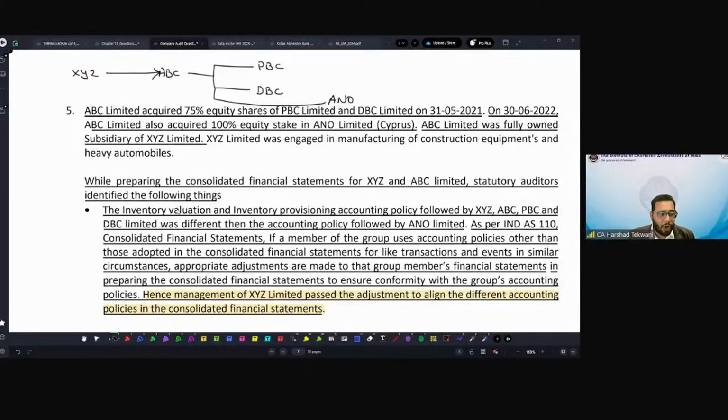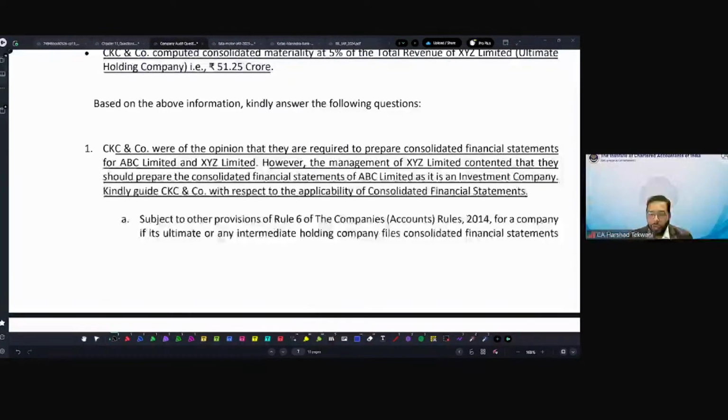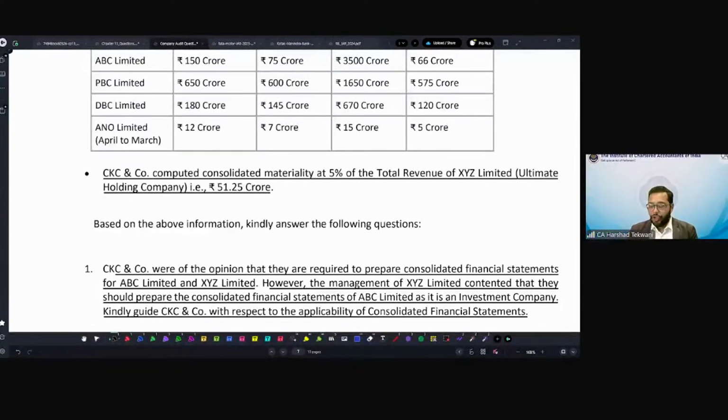Now, the question was that CKC and Company were of the opinion that they are required to prepare consolidated financial statements of ABC and XYZ Limited both. So, what do you suggest over here? What should they do?